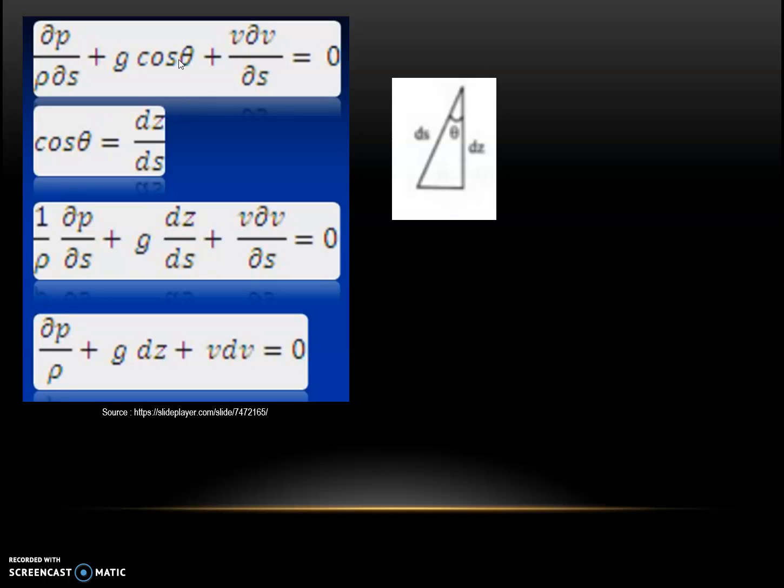So we substitute the value of cos theta in this equation, and we get 1 by rho into dou p by dou s plus g into dz by ds plus v dou v by dou s equal to 0. And the same equation can be rewritten as dou p by rho plus g into dz plus v into dv, which is equal to 0.